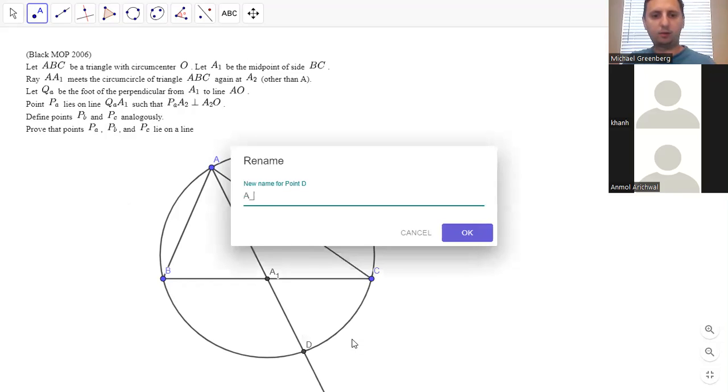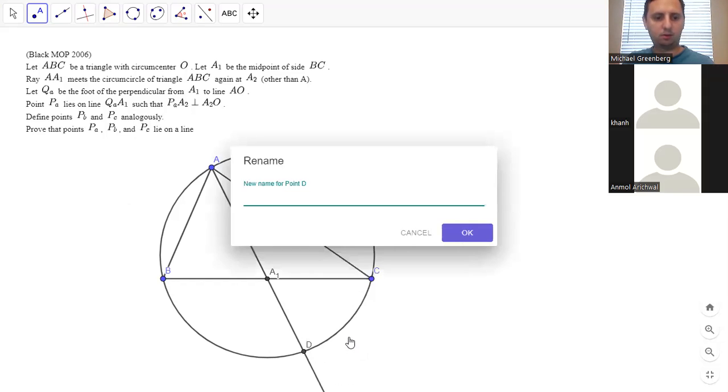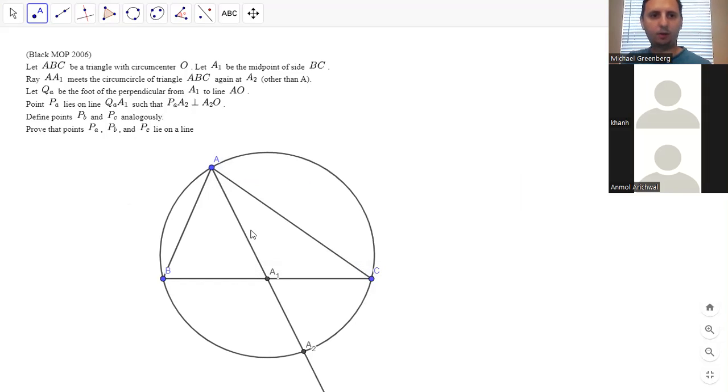So this is A2. A lot of these problems I solved using Desargues' theorem. Oh, whoops, that should be A2. Okay. And we draw the perpendicular from A1 to AO.